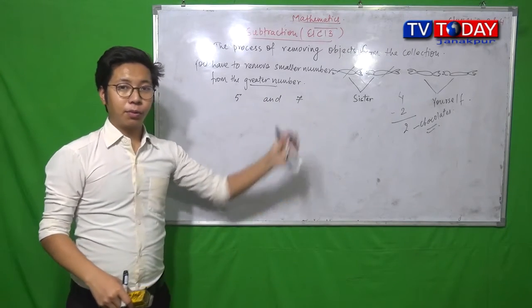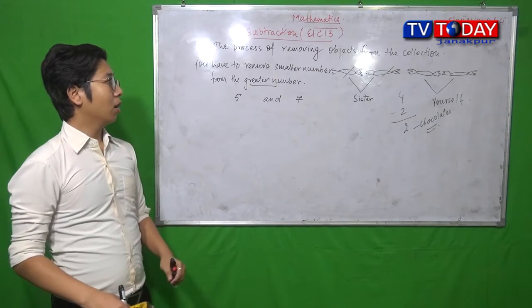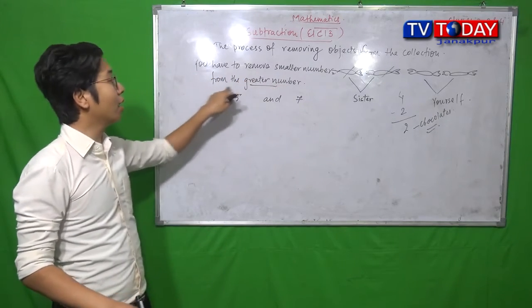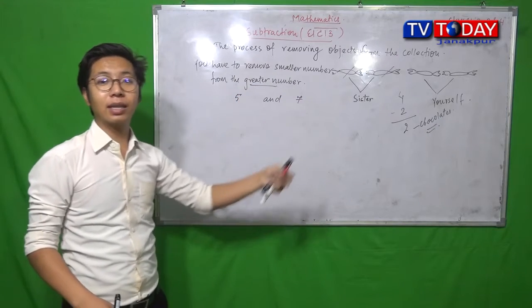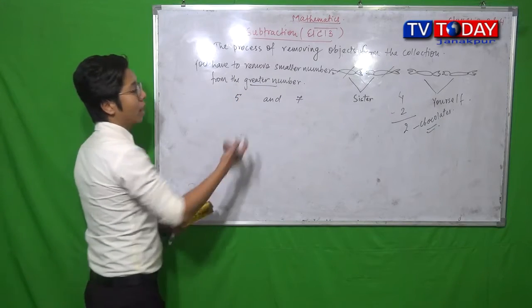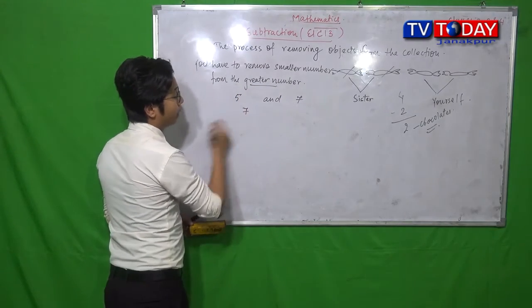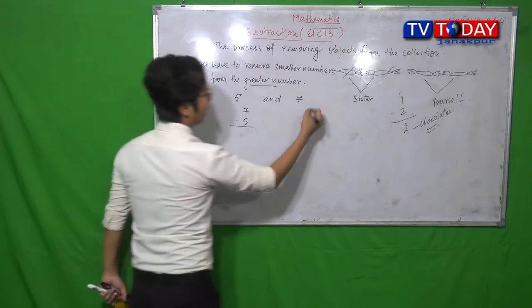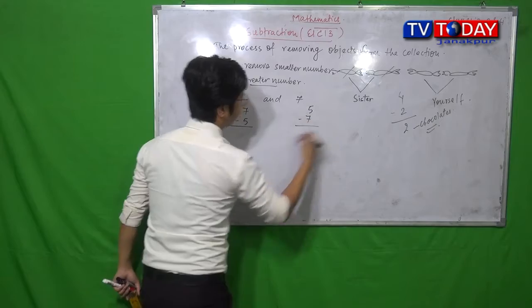I have told you that you have to remove a smaller number from the greater number while performing the subtraction. It means you have to subtract 5 from 7.